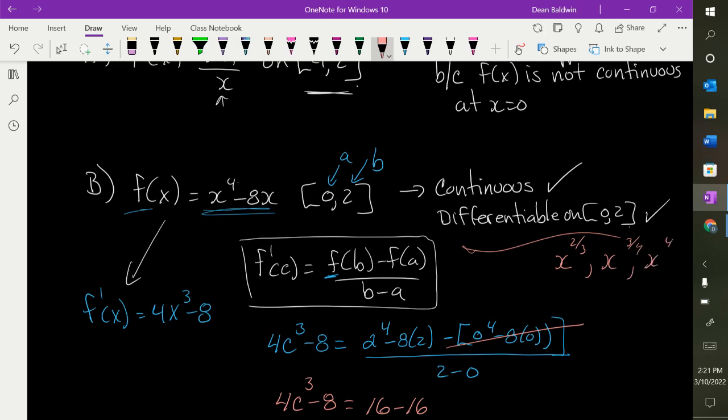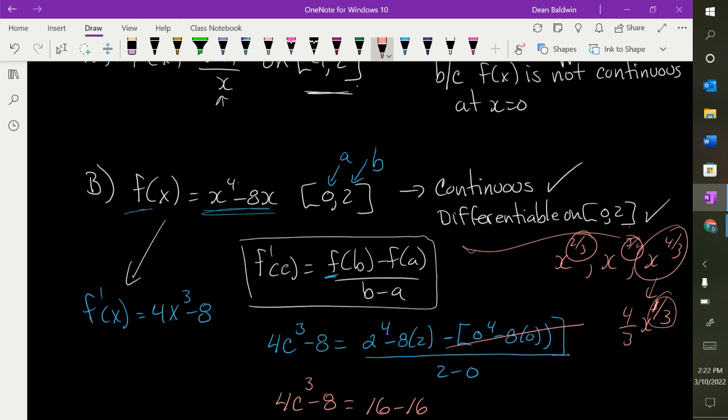But if you have x to the 4/3, that is fine, because the derivative would be x to the 1/3, which is still a positive exponent. As long as the fractional exponent is less than 1, when you subtract 1 you generate a negative number, it flips to the bottom, and then you have a non-differentiable function at a certain point.